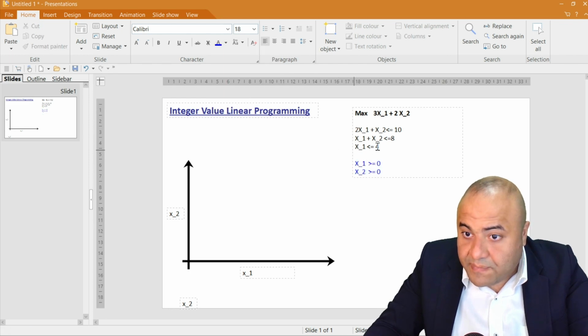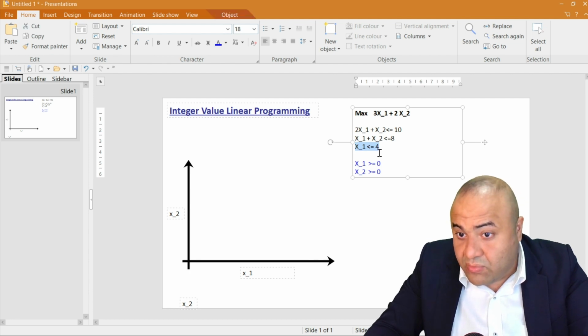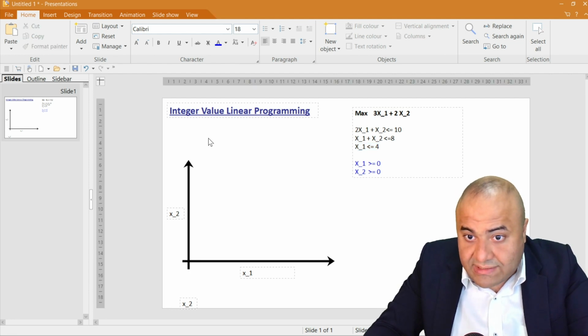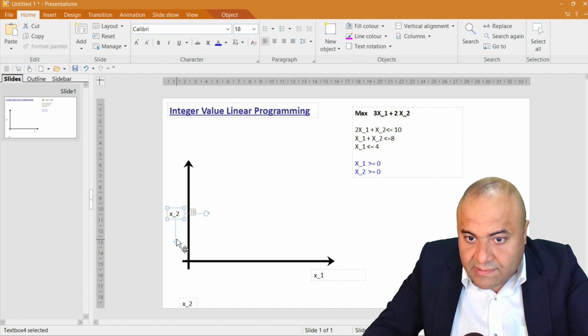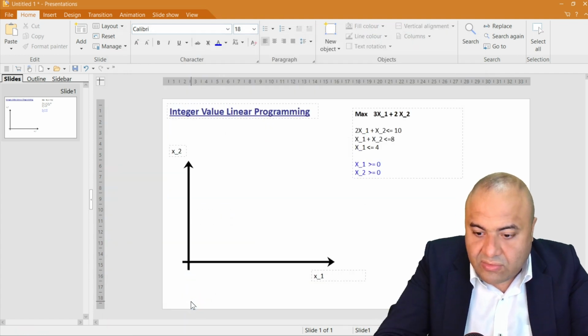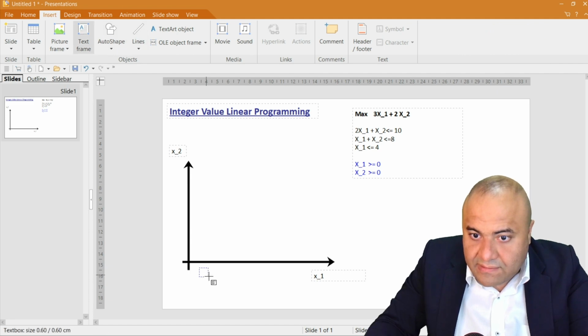Here we can see x1 should be less than or equal to 4. So in order to satisfy it, let's put this one a little bit maybe here. And we can say here, again, this is an integer, so we have to put these integers.